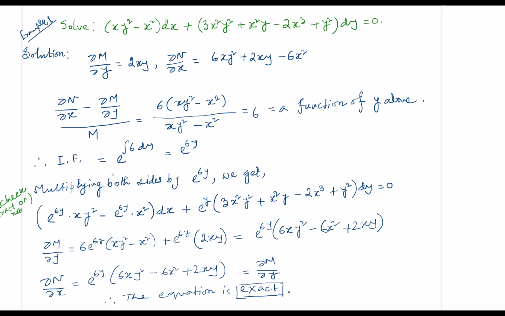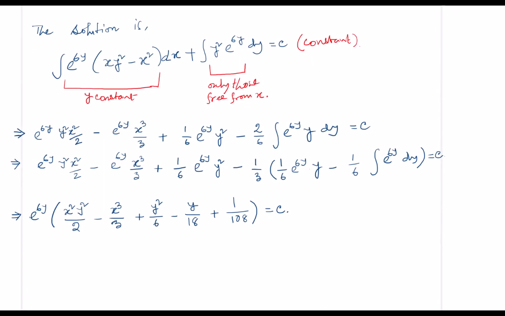Therefore the integrating factor is equal to e to the power integration 6 dy, that is equal to e to the power 6y. Now you can check whether this equation is actually exact or not. For an exact equation, we have already seen how to find the general solution, and finally we get this solution.